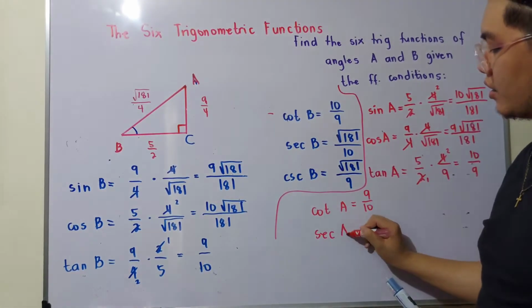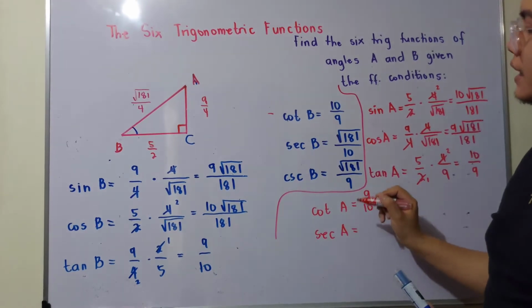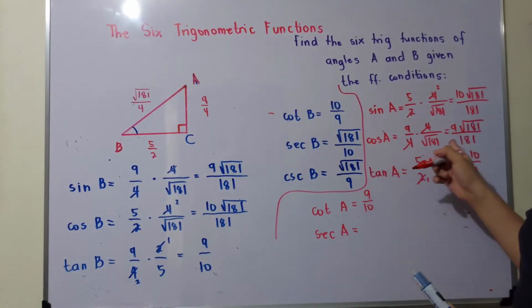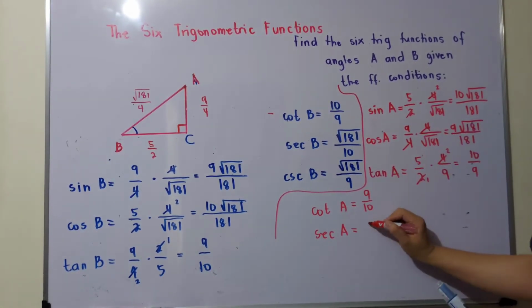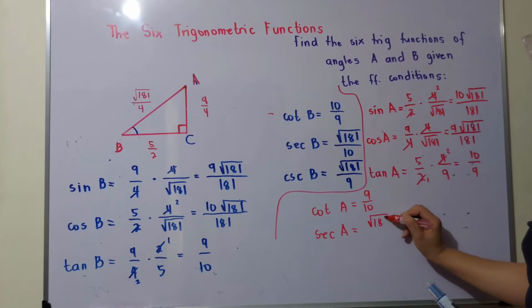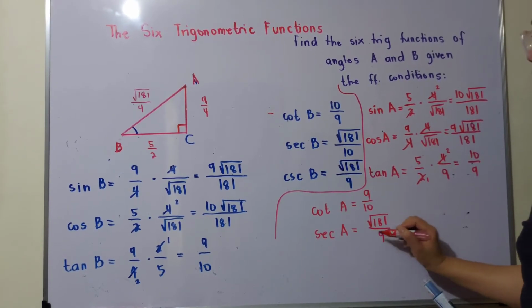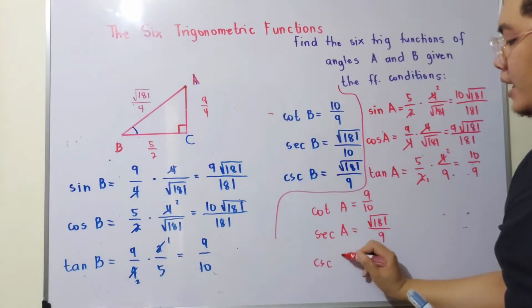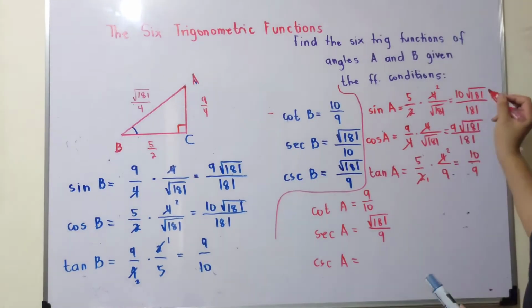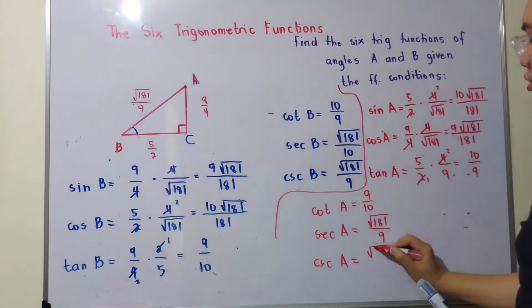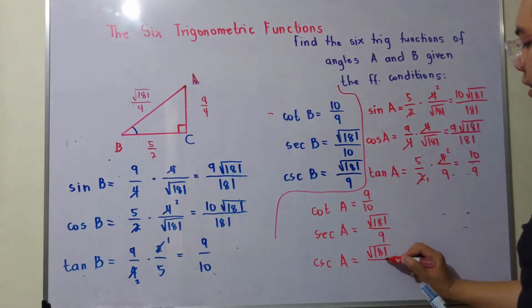Secant A, that's the reciprocal of this. So we have square root of 181 over 9. And then for the cosecant A, that's the reciprocal of the sine. So we have square root of 181 over 10.